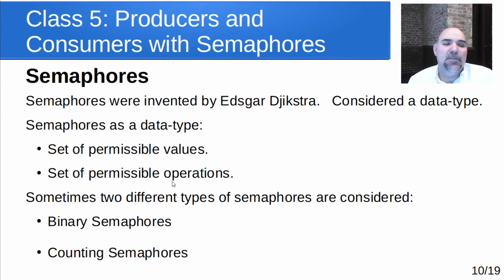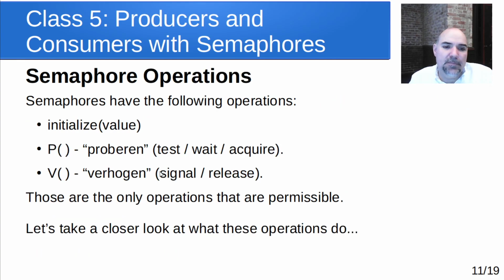And sometimes it's useful to classify this as two different types of semaphores, binary semaphores, and what are called general semaphores or counting semaphores. And we'll talk about the distinction between these here in a second. But the idea is that it's a data type, there's a set of values we can assign to them, and a set of operations we can perform on them.